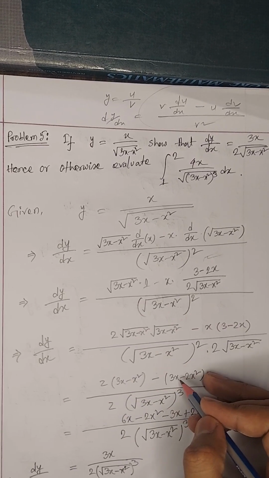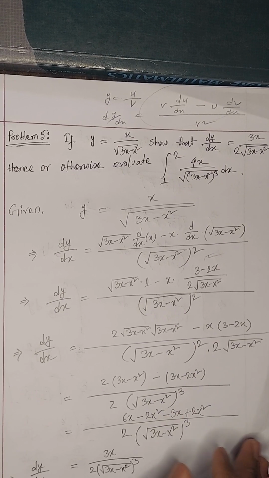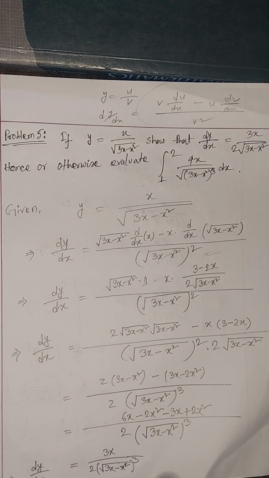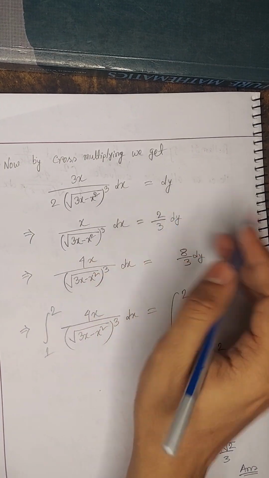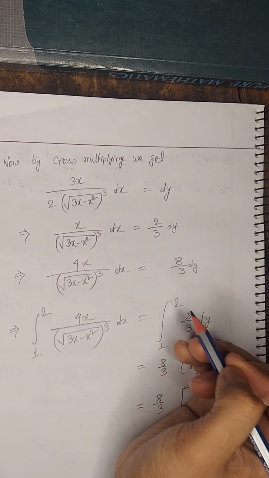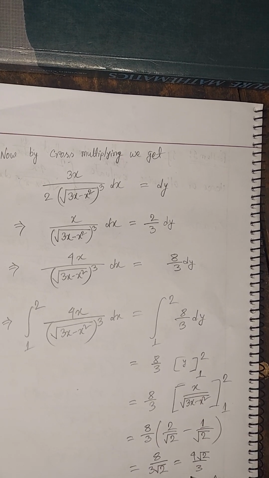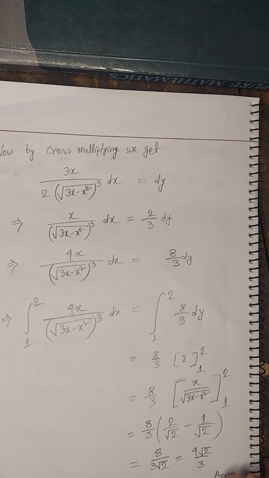I hope you can understand this, and from this term we apply the integration on both sides. After cross multiplication we can apply the integration, and after integrating we get our required value, which is 4 root 2 divided by 3.